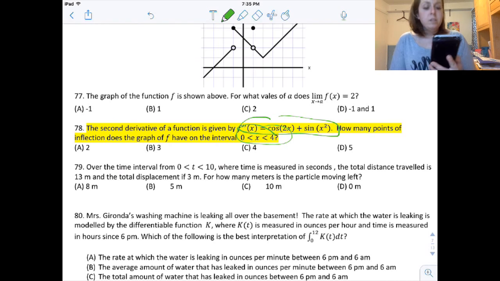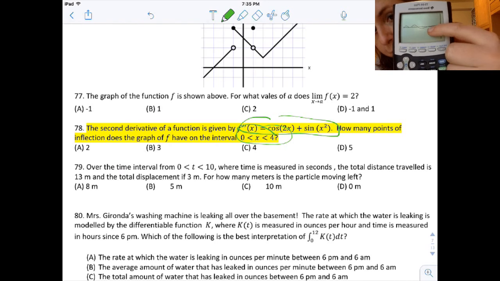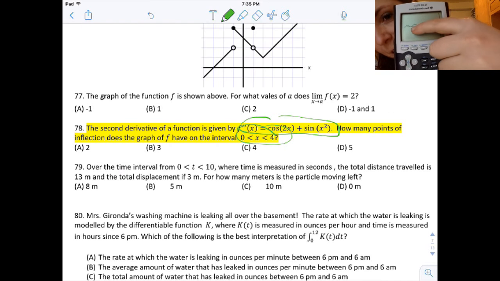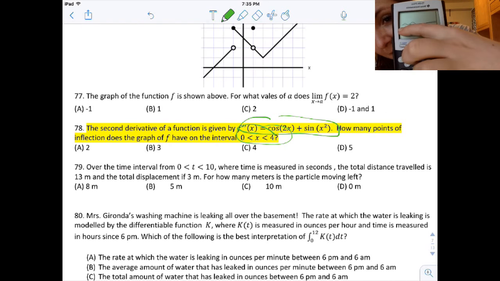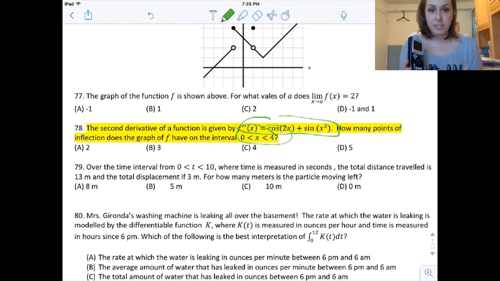Okay, so let's look at points where this crosses. Ready? So I see 1, 2. That almost looks tangent, and that looks like it probably crosses there. But I can't tell from this. So what I need to do is explore more. So I'm going to change my window again. I'm going to change my y max and y min. This is not going higher though. So I'm going to make my y min -1 and make my y max maybe 1.